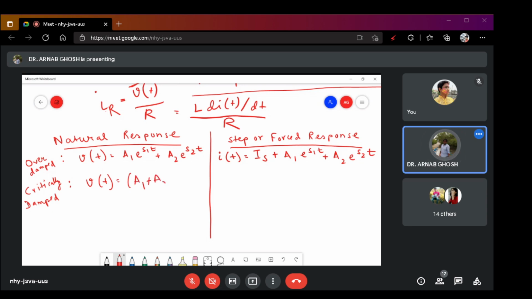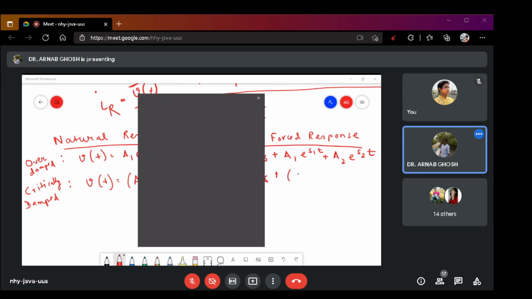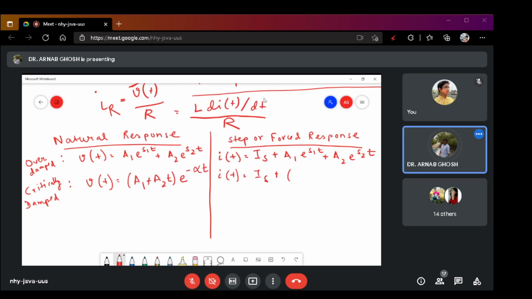A1 plus A2t into e to the power minus s1t, or you can also write it as minus alpha t, because for critically damped, s1, s2 is equal to minus alpha. So it will again be equal to Is plus A1 plus A2t into e to the power minus alpha t.